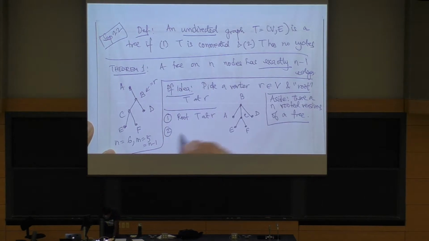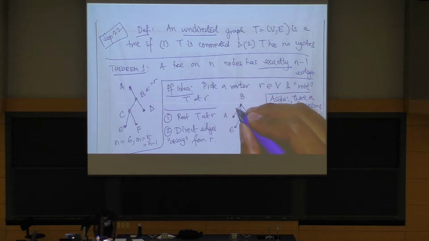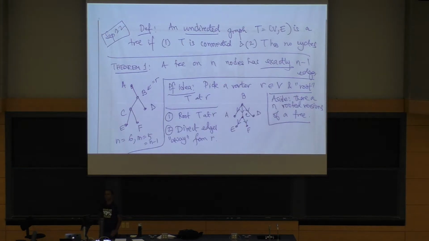So what you do is you direct the edges away from R. I want to stress this direction is just a technique or a tool that we're using to prove the statement that we want. Our original graph, the tree, by definition is undirected. So this goes this way, this way, this way, this way, and this way. Once you root a tree, you automatically direct all edges.